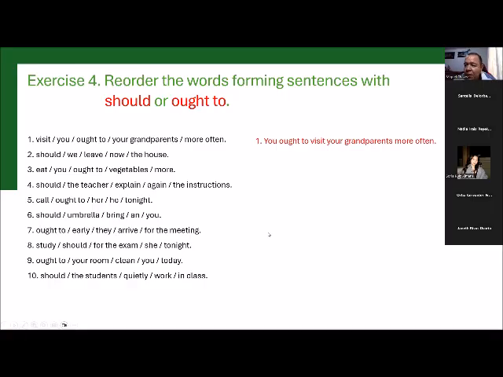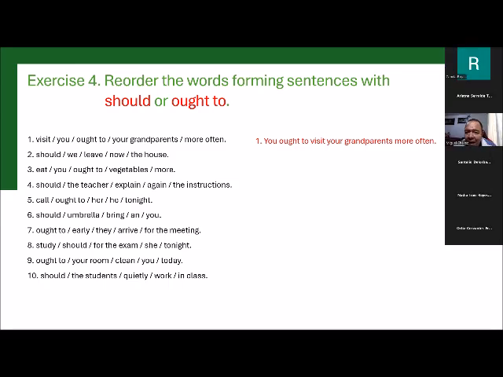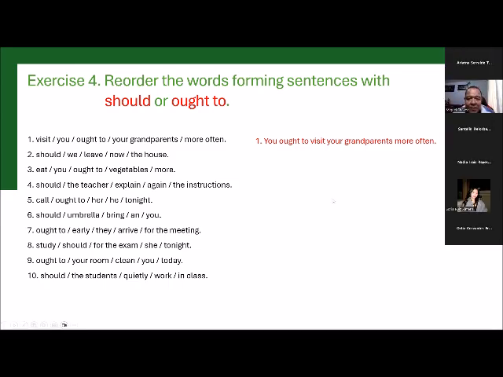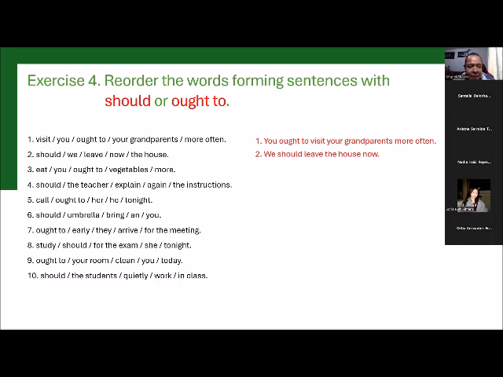A volunteer for number 2. Yes, Ariadna, please. And then Camila, number 3. We should leave the house now. Thank you. Next. You ought to eat more vegetables. Thank you, Camila. You are right.